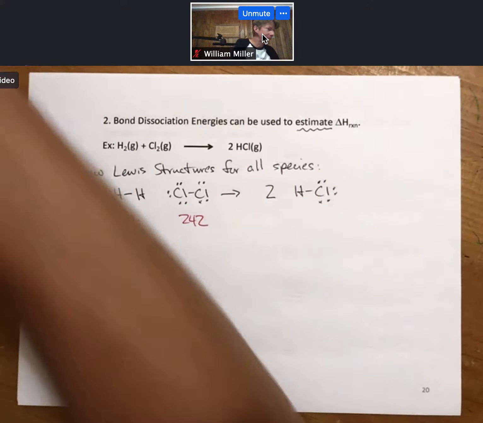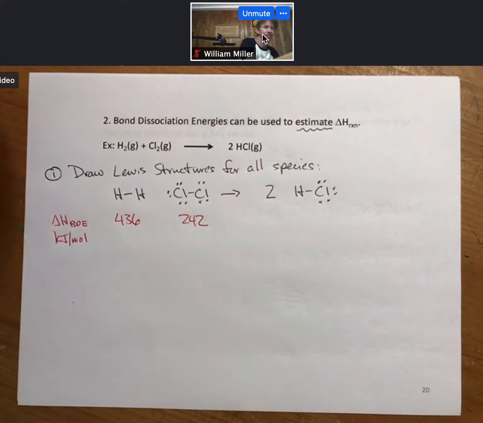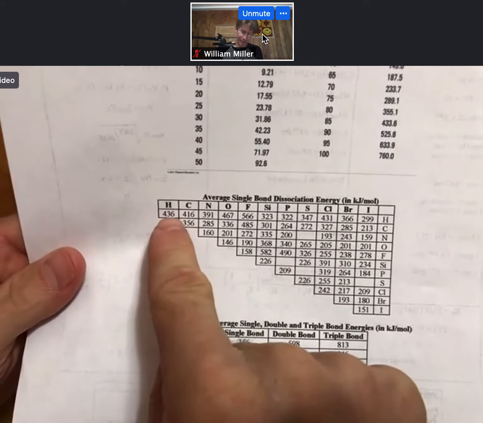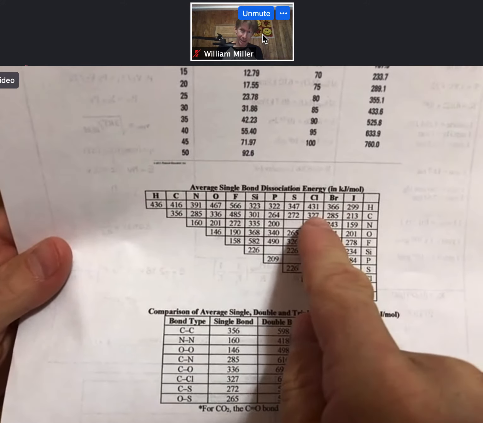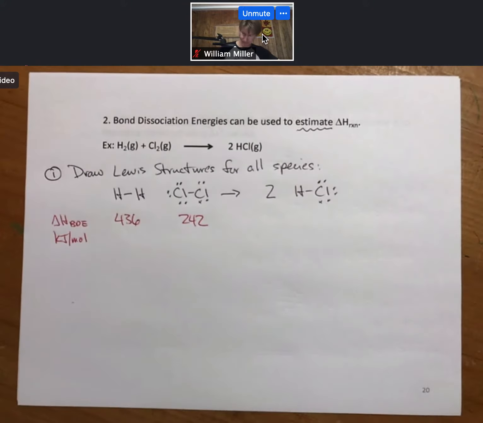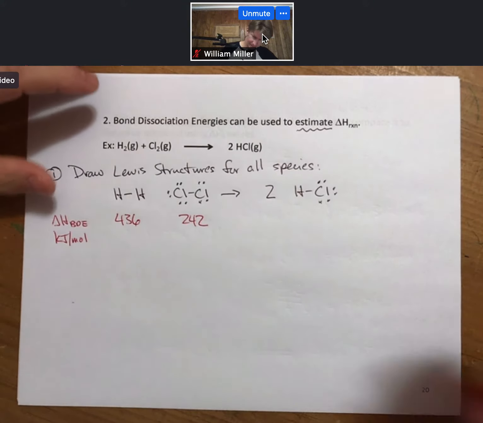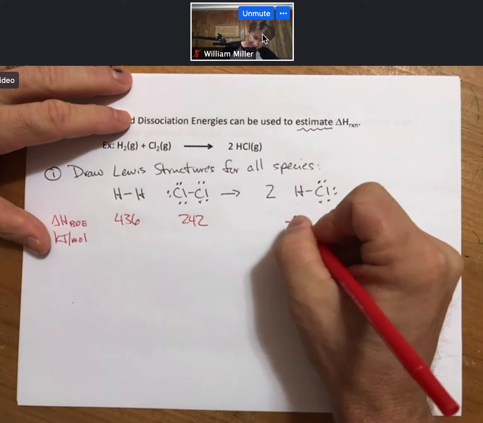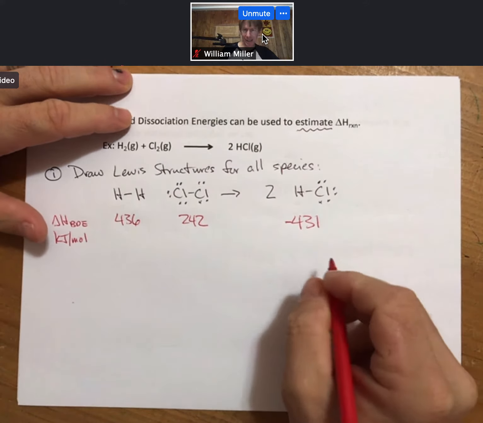Now I have to look on my list for our first heteronuclear bond. Hetero means different, and nuclear means nuclei. So if I look for HCl, I get 431. And now this is a bond that's being made, so it's a negative number.